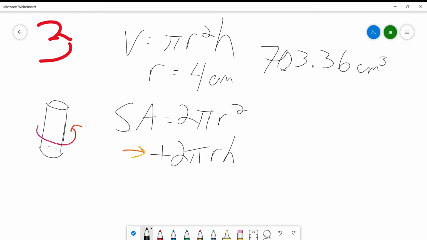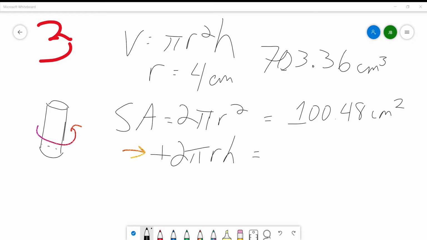All right, so we're going to add those, plugging in the numbers in our calculator. Remember, r is 4. For the top part, 2 times 3.14 times 16 is 100.48, and our units should be square centimeters, not cubic centimeters.